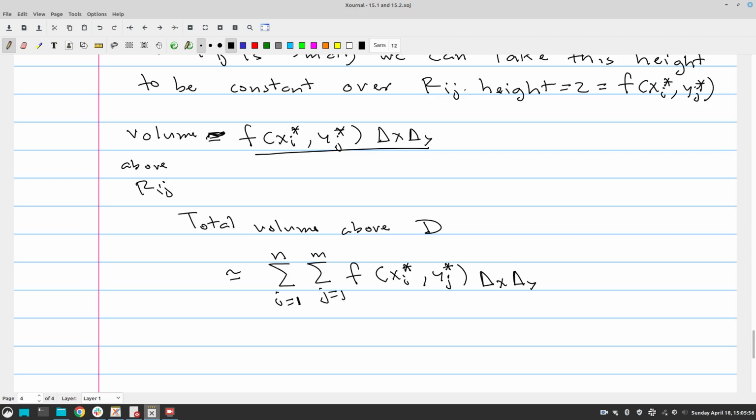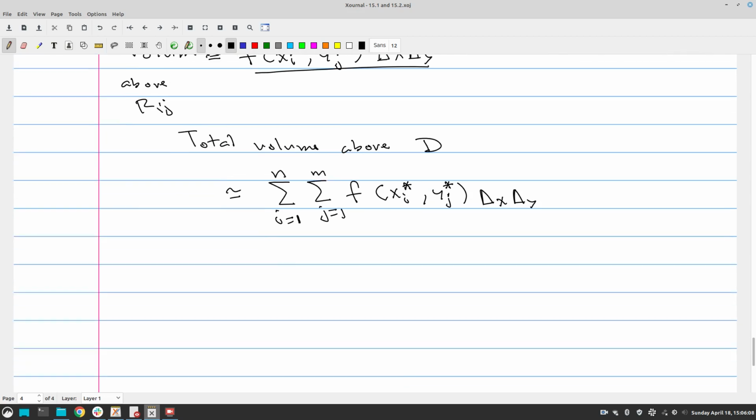Now, what happens if we increase the number of intervals?